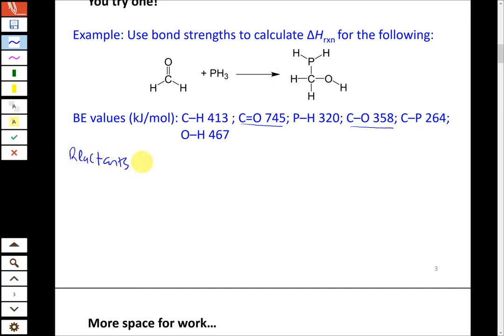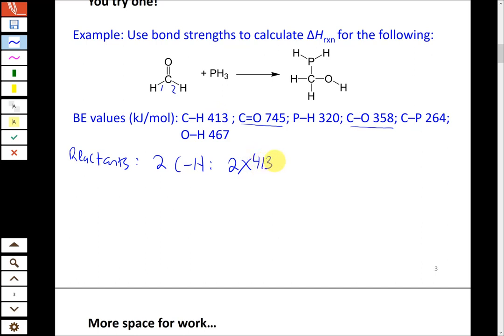All right, but on the reactant side, we can do this in any order, but if we look at this first reactant here, it has two CH bonds. Remember, we're not going to just use the CH bond energy once because there's two of them. There's one CH bond there, one CH bond there. So we have to add up two of those. So we're going to multiply the CH bond energy, which is 413, by 2. These are all kilojoules per mole.